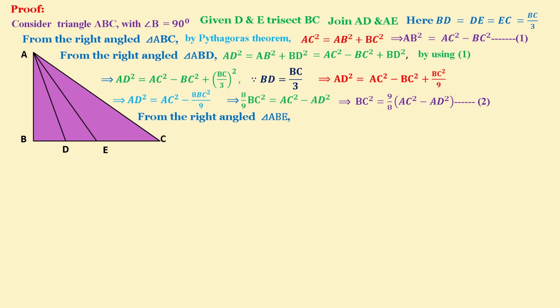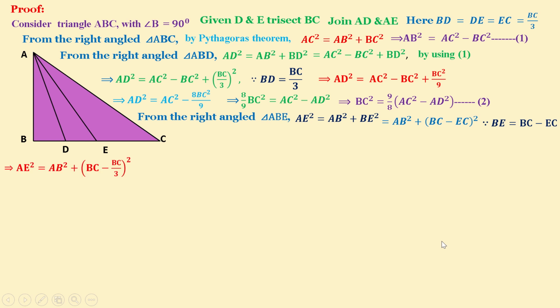From the right angle triangle ABE, by Pythagoras theorem, AE square equals AB square plus BE square. BE is the total length BC minus EC, the small length. So AE square equals AB square plus BC minus EC the whole square.